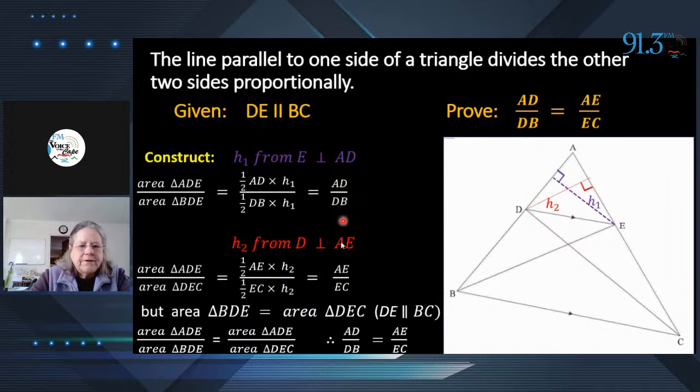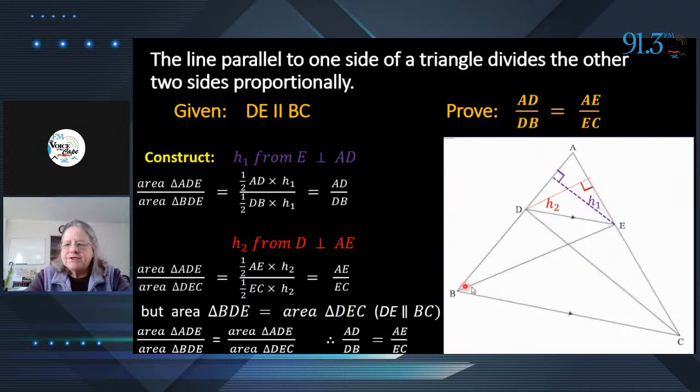If we interpret these two things, we will see that at the top we have ADE, and in this one we have ADE again. So that is equal because it's the same thing. And then here at the bottom, the area of triangle BDE is equal to the area of triangle DEC.